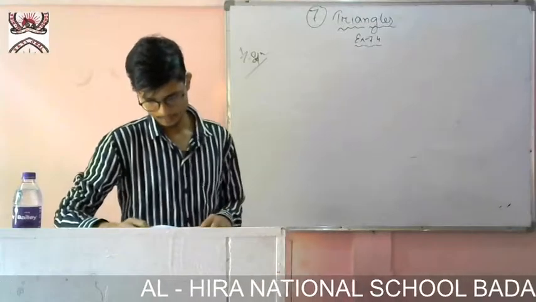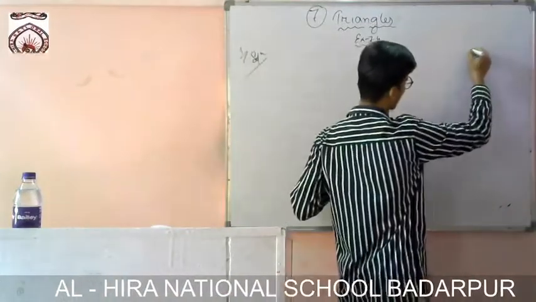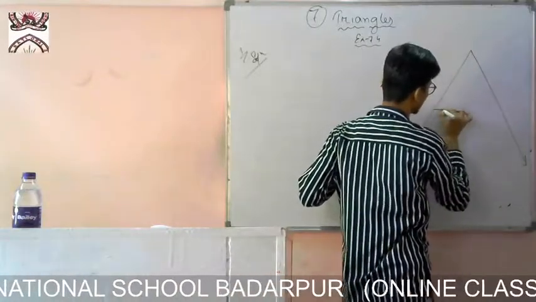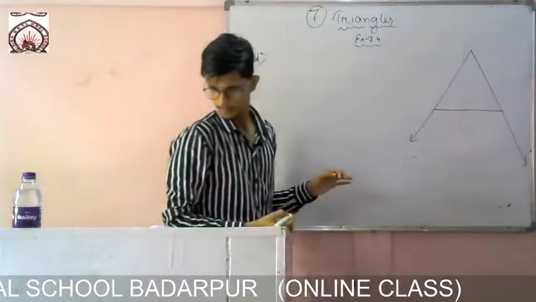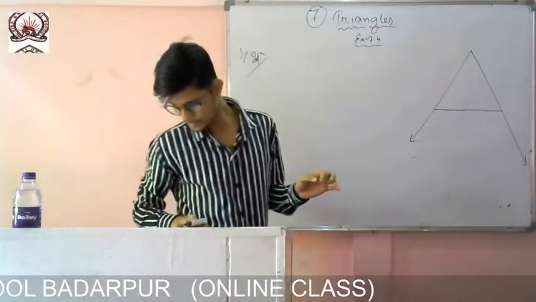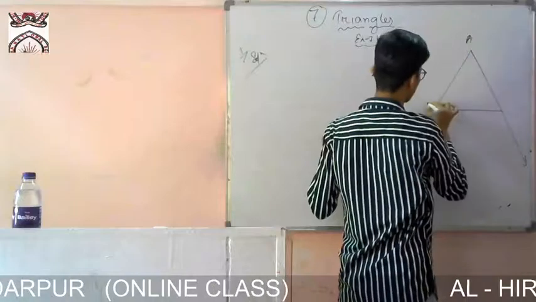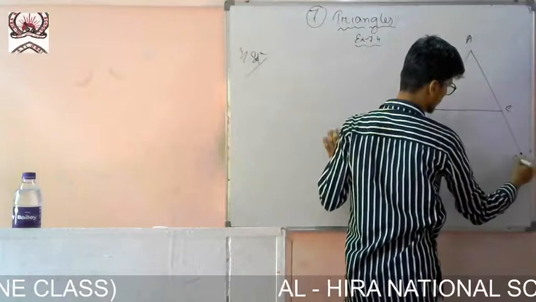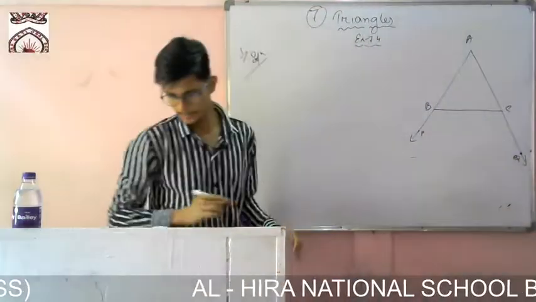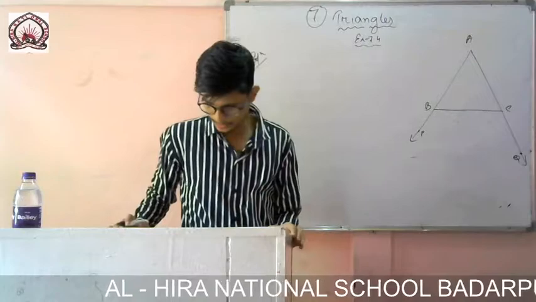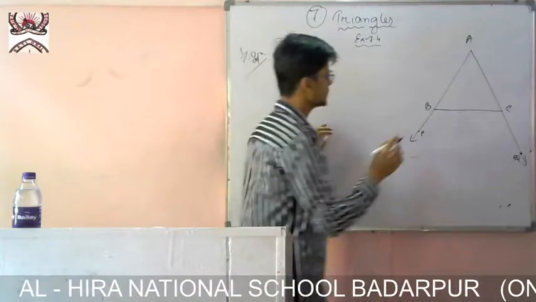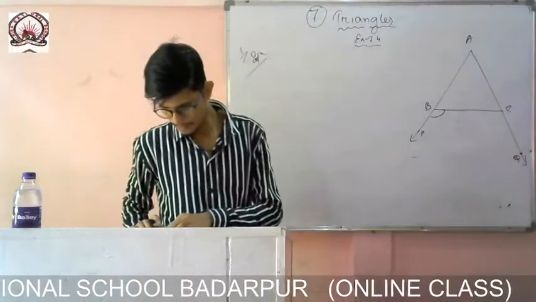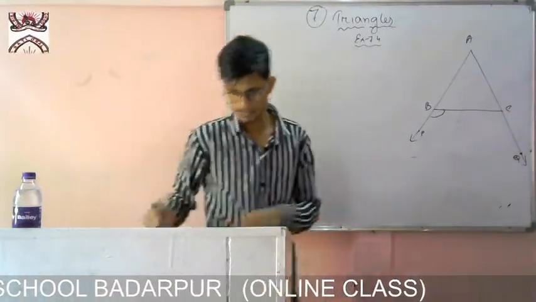So, same way. Okay, first of all, let me draw the figure. It is given like this: A, B, C and P, Q. In the question it is given that PBC is smaller than QCB.